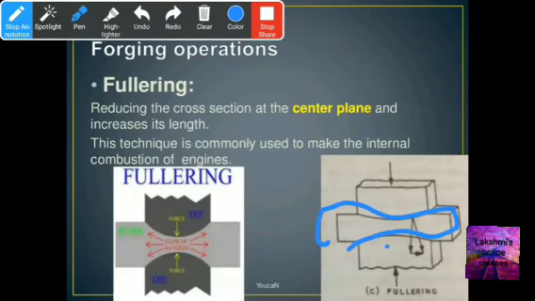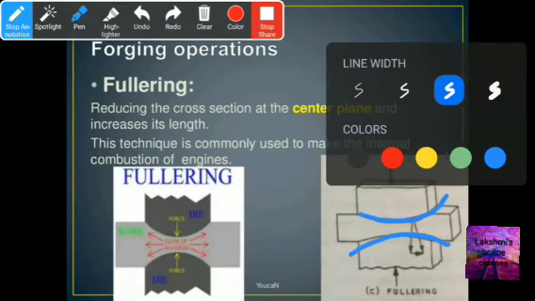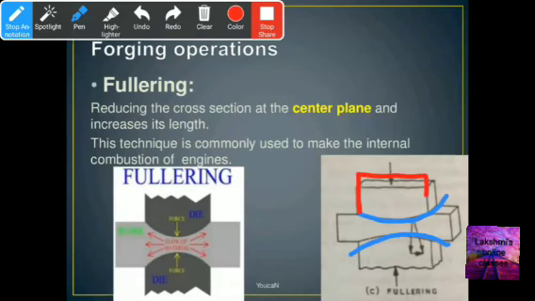The process done to bring about concave and convex shapes is called fullering. It reduces the cross section at the center of the piece and increases its strength. Look here. This is the top die, and this is the bottom die.